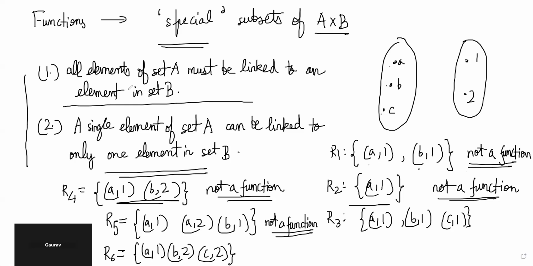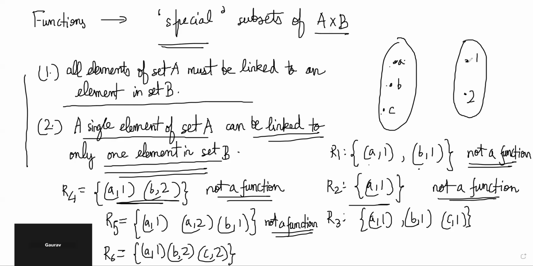Second rule is a single element of A can be linked to only one element in set B, which means you can't have something like A is linked to 1 and A is linked to 2 also. That is not allowed. One single element of A can only be linked to one thing in B, right?